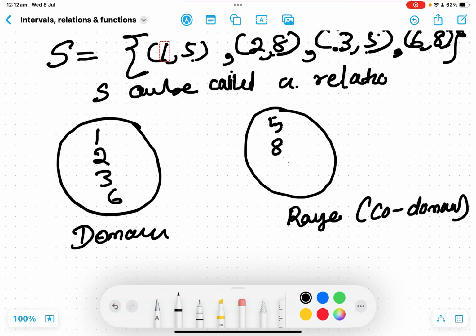When I look at this relation, 1 is related to 5 and 2 is related to 8. 3 is related to 5 and 6 is related to 8. So this is the relation.